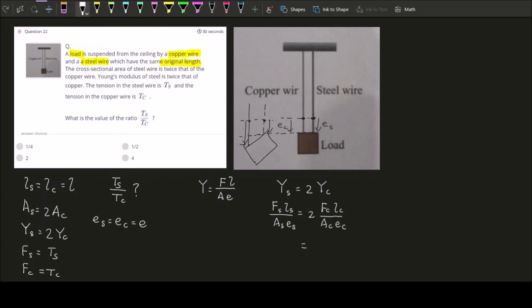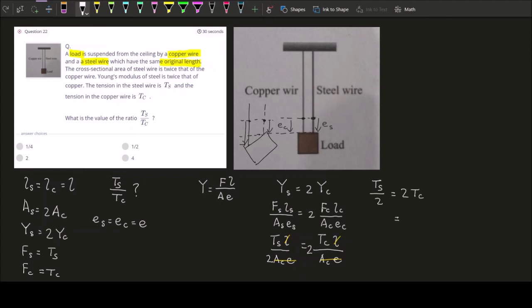Now let's substitute in everything. Fs equals Ts. The length is the same, so use the general L. For A, substitute 2Ac. E is the same for both sides. The other side will be 2 times, let's not forget the 2, Tc, the length is the same, Ac is just Ac, and E we replace with the general E. Now we can cross out Ac and E, and cross out L. We are left with Ts over 2 equals 2Tc.